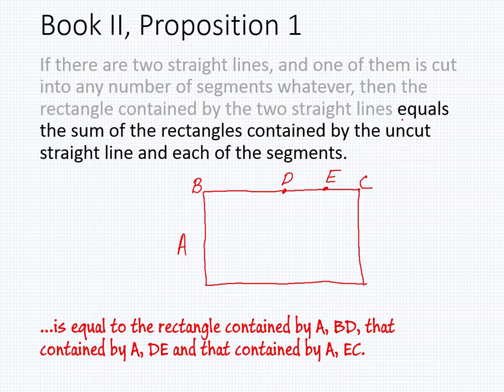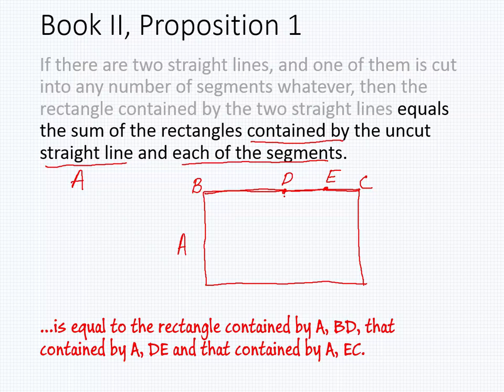And then Euclid continues. He says that that rectangle contained by the two straight lines equals the sum of the rectangles contained by the uncut straight line. The uncut straight line would be straight line A, and each of the segments being the ones that we just cut, BD, DE, and EC.